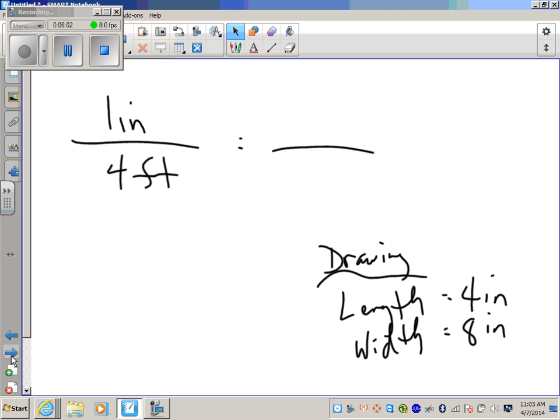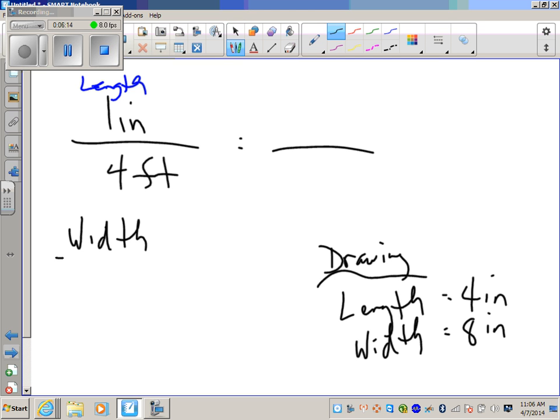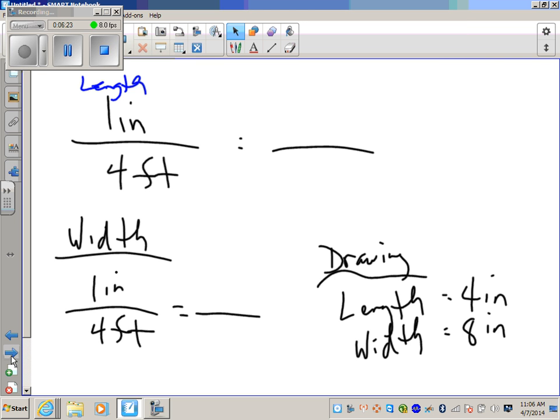So if they give us that information, I can find the actual length and the actual width. So let's set up a proportion for the length and set up one for the width. And I'll use that same scale for both. Okay. So this is all set up in your notes. You're all set to go, right? Yes? Or should I wait a second?